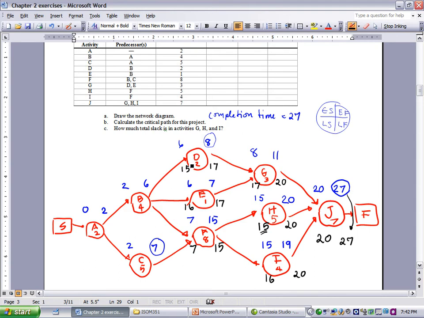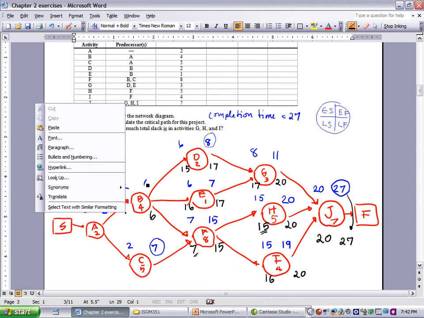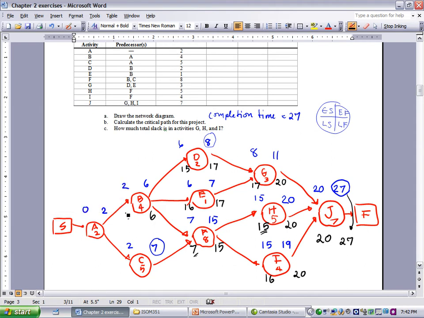Okay, and then for B you have three choices, 7, 16 and 15, so you're going to go to the smallest one. Okay, which reach 2. Oh, sorry, not 6. It's going to be 7.